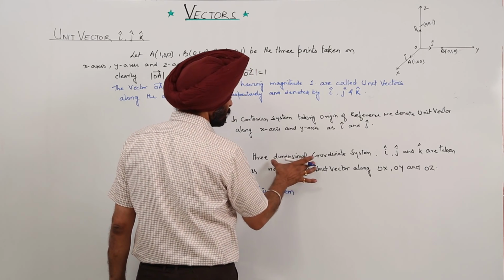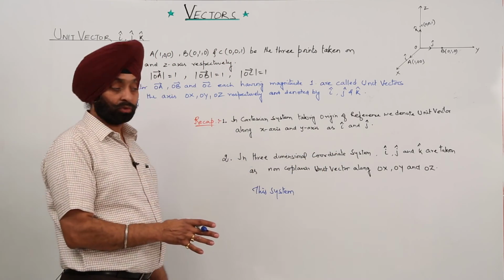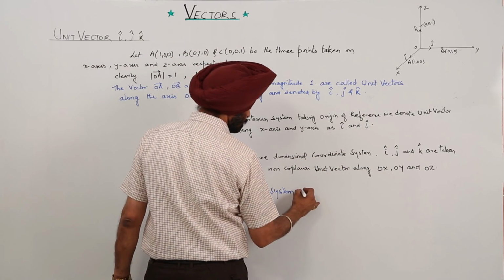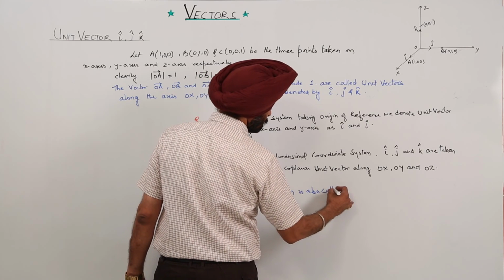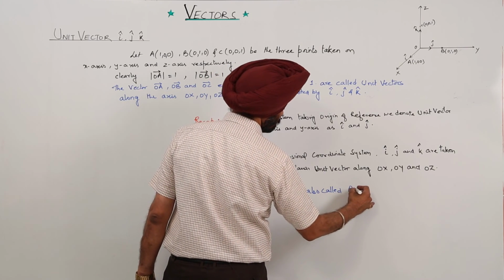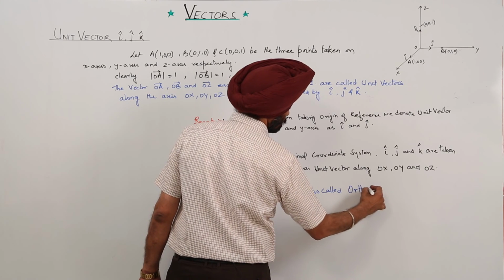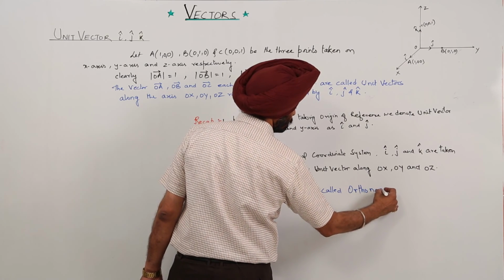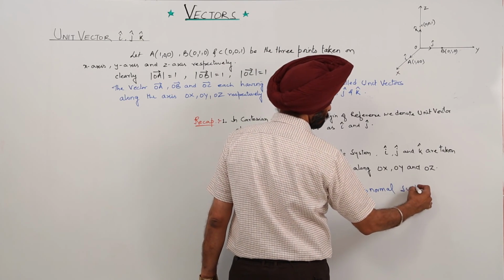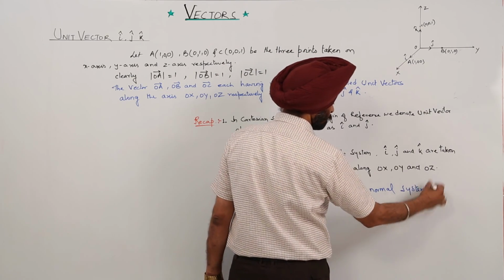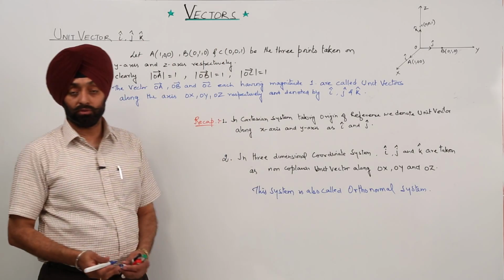Now which system? The 3-dimensional coordinate system. Okay, this system is also called the orthonormal system. So this was about unit vectors.